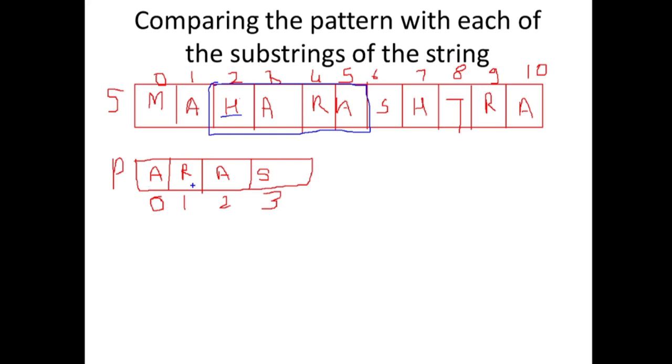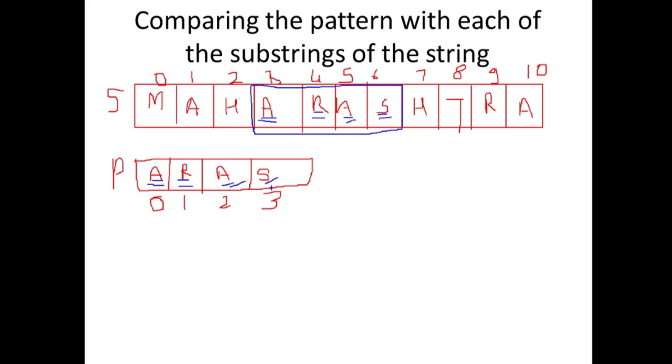So what is the next substring? Here is the next substring, which starts from index 3. Now we match this A with this A. These two are matching, so we go for the second character of the pattern and the substring. Both are R, so we go for the next character, A and A. Again these two are matching, so we go for the next character.